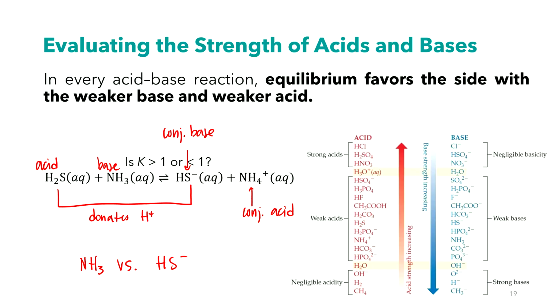I go over to my base side, the blue side, and I find NH3 down here, and then I find HS minus above it. That means HS minus is the weaker base, because we're going down in strength on the base side. So I should be on the product side, and that means K is going to be greater than 1.